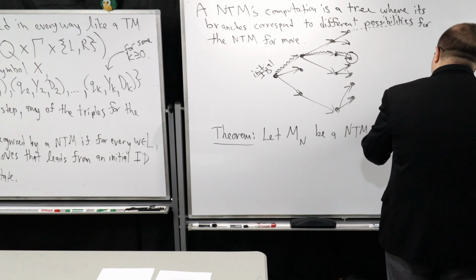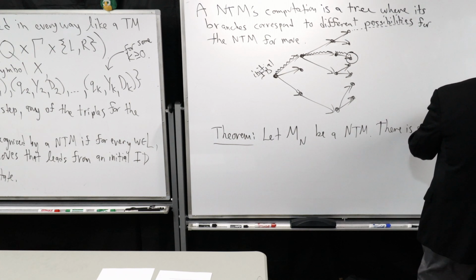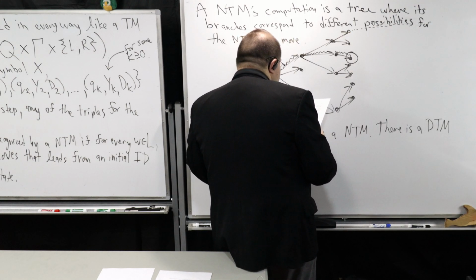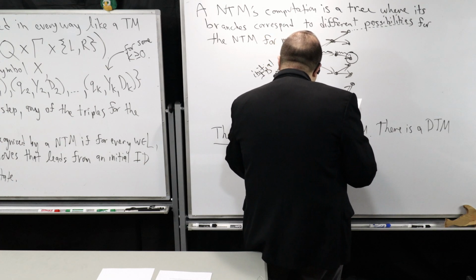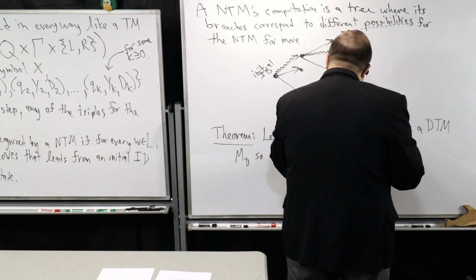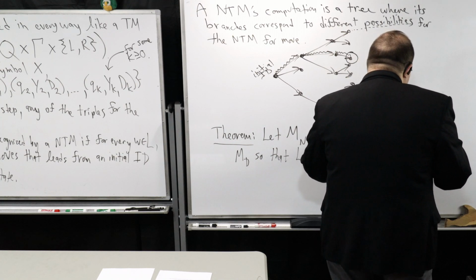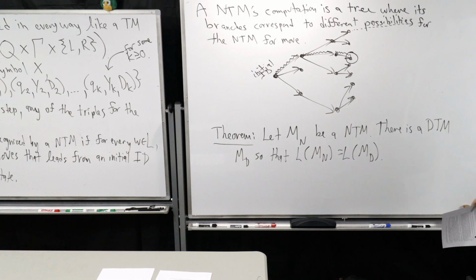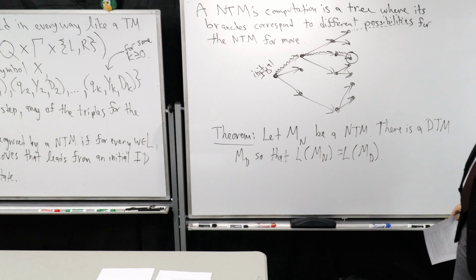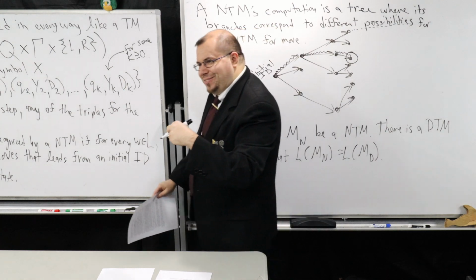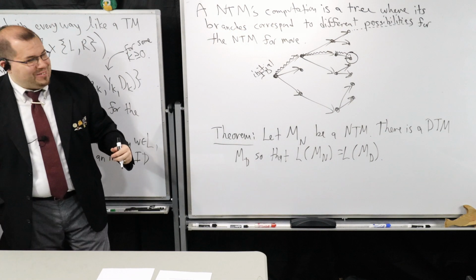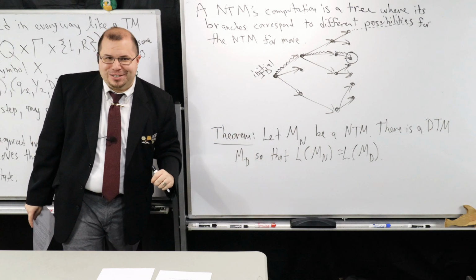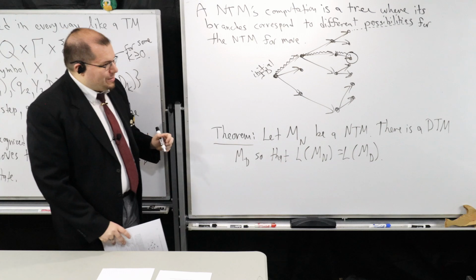There is a deterministic Turing machine, MD, so that the language of Mn equals the language of MD. So, believe it or not, by adding all of these things that I've just done, you don't lose anything in terms of what you can recognize with a Turing machine. And I'll give you a sketch of how this works.